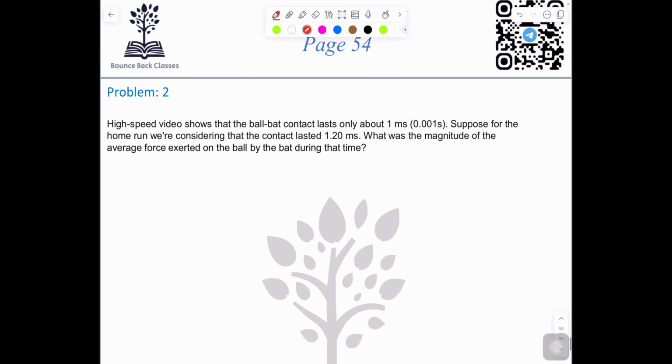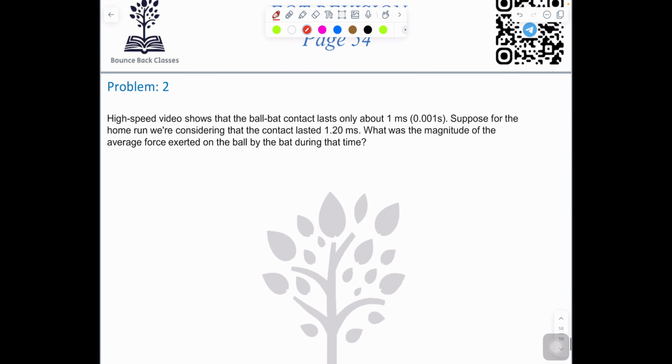Okay, the first part is done. The second part: high speed video shows that the ball-bat contact lasted only this much. Suppose for the home run we consider the contact lasted this many seconds. Time is given as 1.2 millisecond. 1.2 milli means 10 raised to power negative 3 second, so convert the milli.